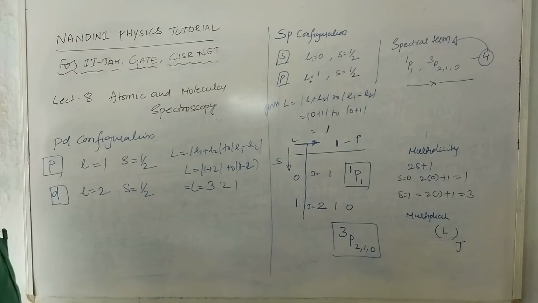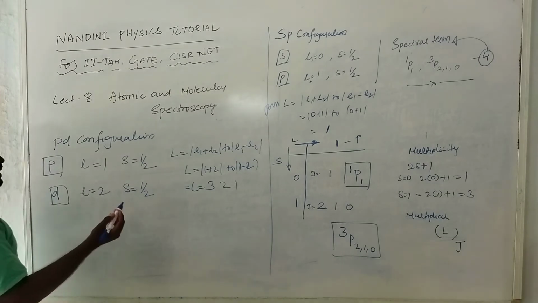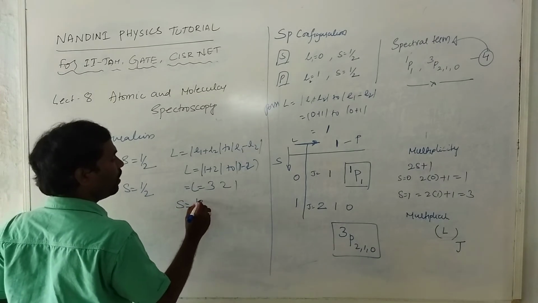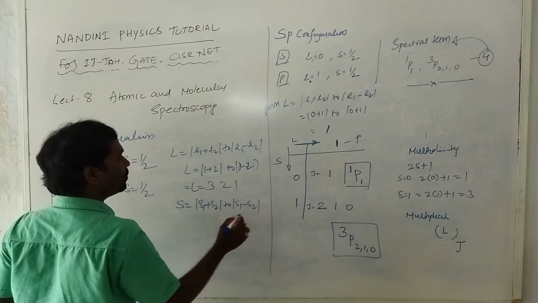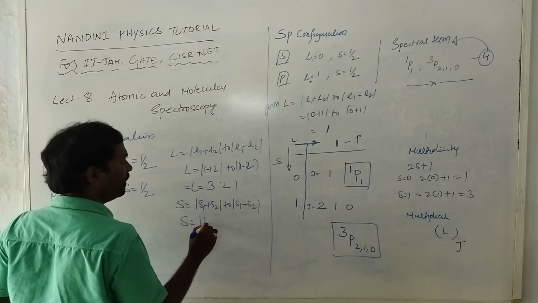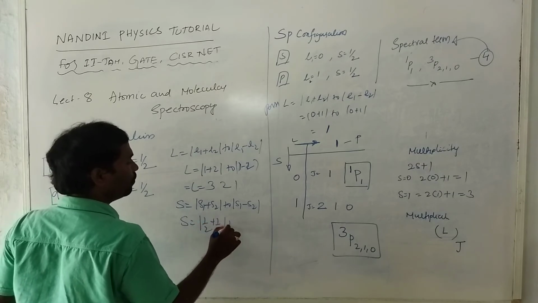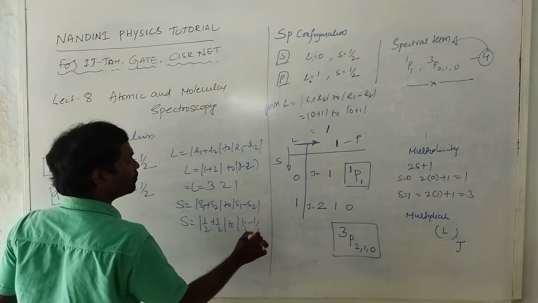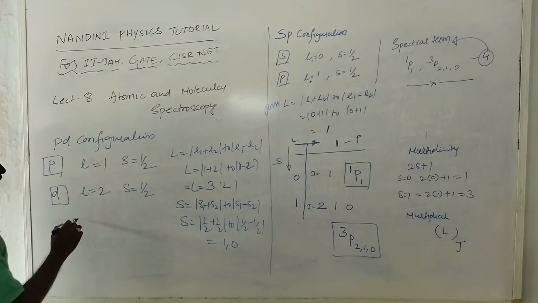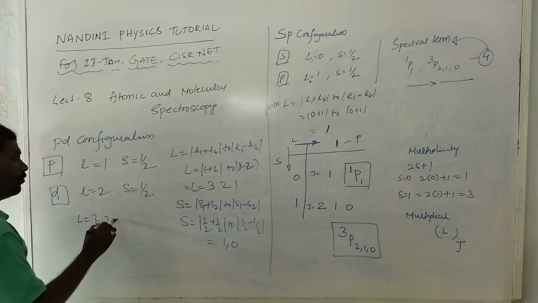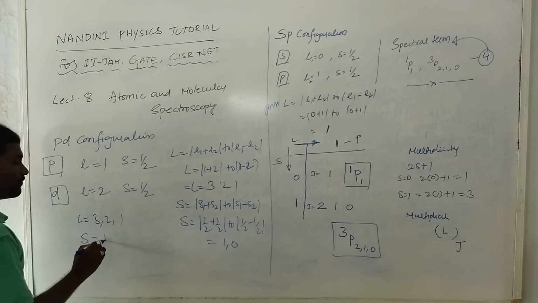So the possible L values are 3, 2, 1. Similarly, S is equal to mod S1 plus S2 down to mod S1 minus S2, so the possible values are 1/2 plus 1/2 down to 1/2 minus 1/2. So you will get 1, 0. So here the L value goes from 3 to 1 and the S value is 1, 0.